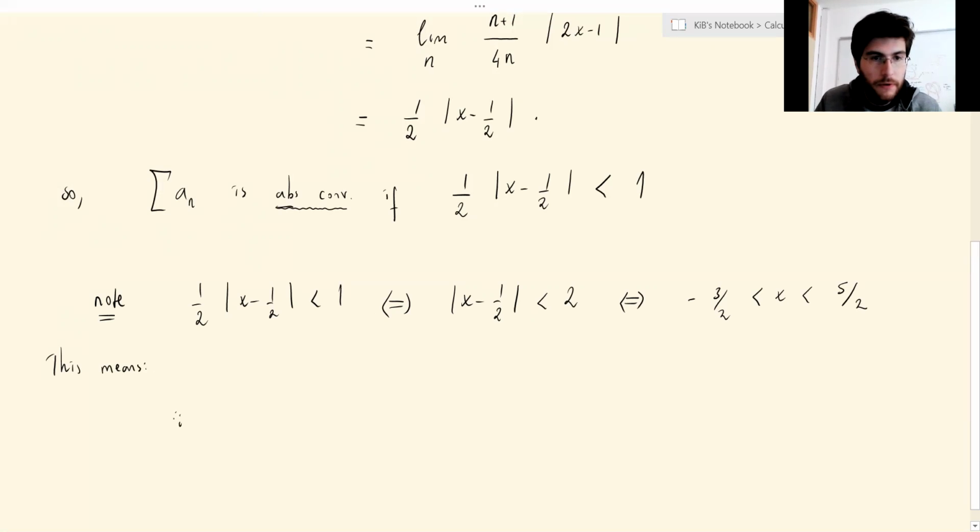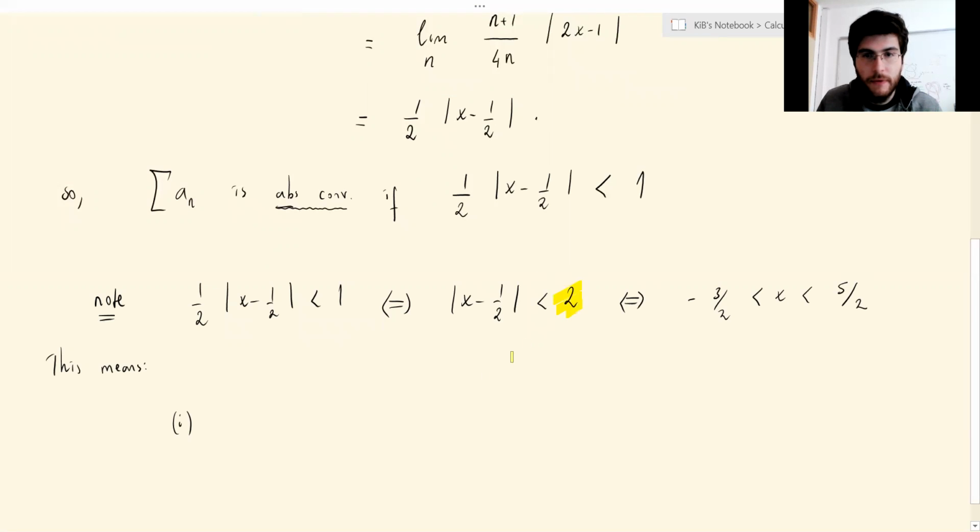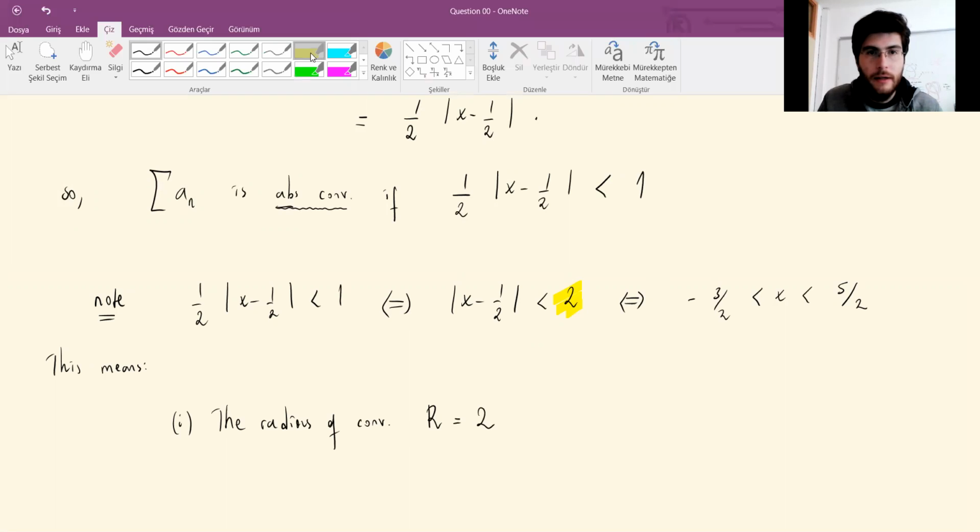The first observation is that we already observe the radius of convergence, which is this number 2. Therefore, the radius of convergence, r, is just 2, exactly the same number here, the highlighted number.